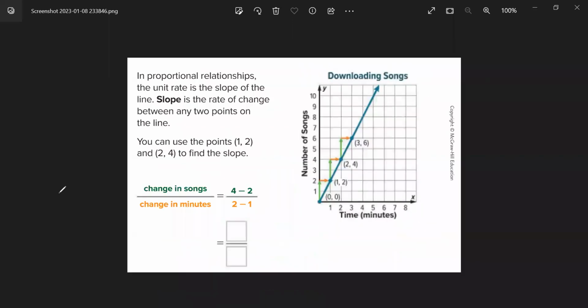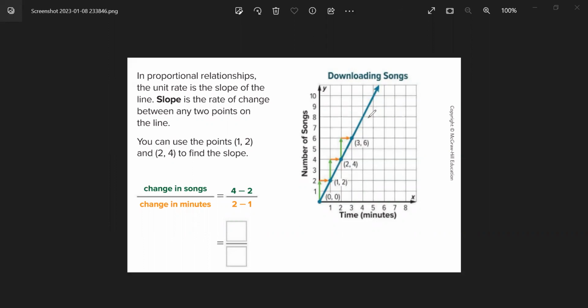Good. Now, in proportional relationships, the unit rate is the slope of the line. Slope is the rate of change between any 2 points on the line. You can use the points (1, 2) and (2, 4) to find the slope. So what does this mean?